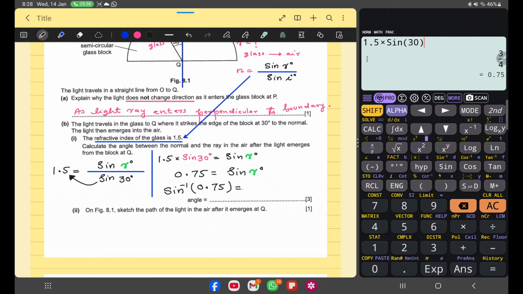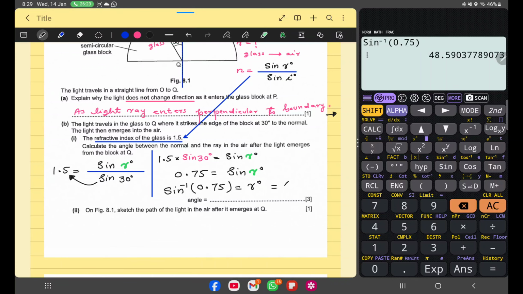So I press shift or the second key and then sine. On the screen you can see it is sine inverse of 0.75. So the answer is 48.6 degrees.